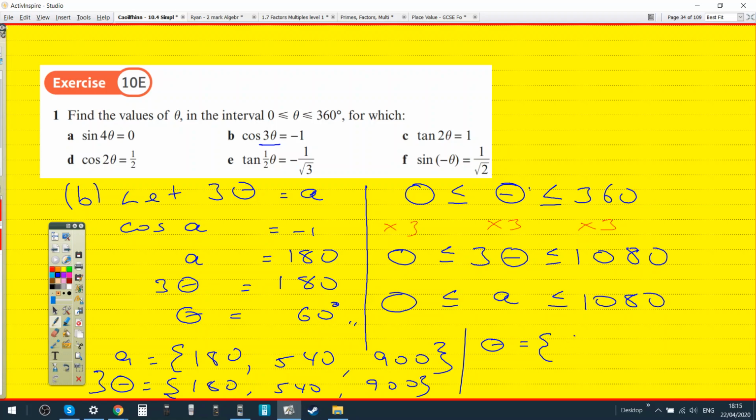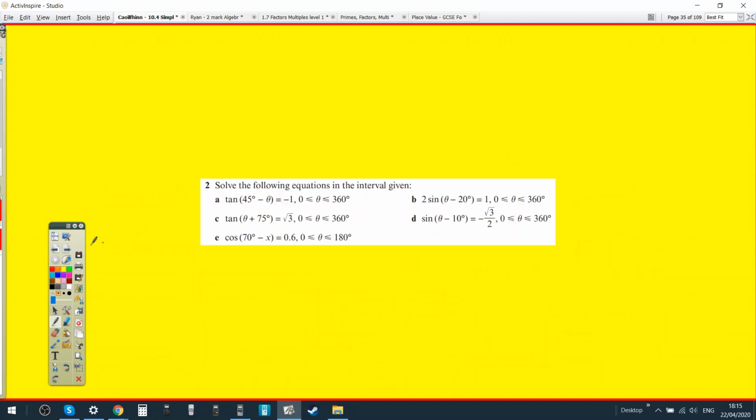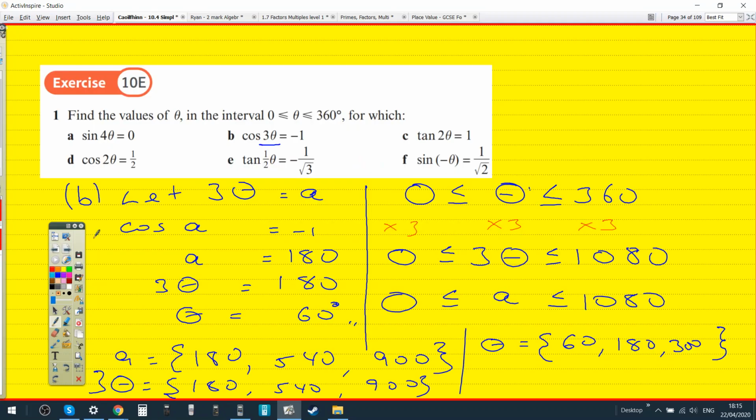And I know the first one is 60. You told me that one. 540 is 180, and then 300. And 300. A beauty. Question B. I don't have the answer, but I'm sure it's correct.